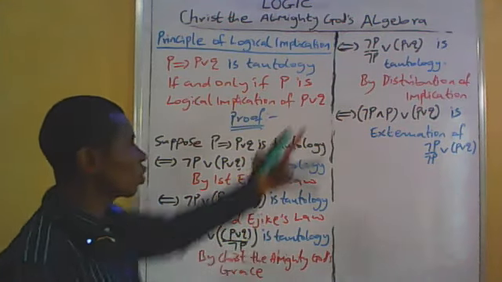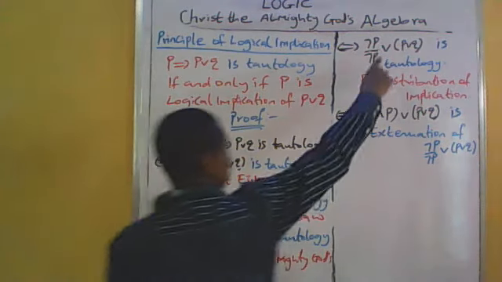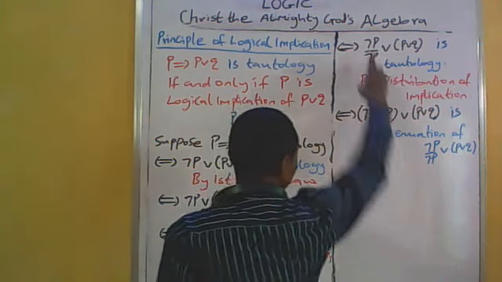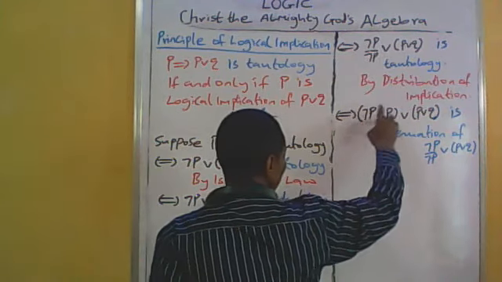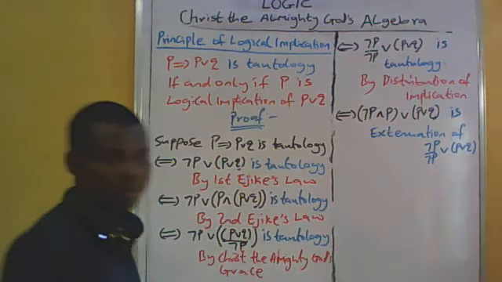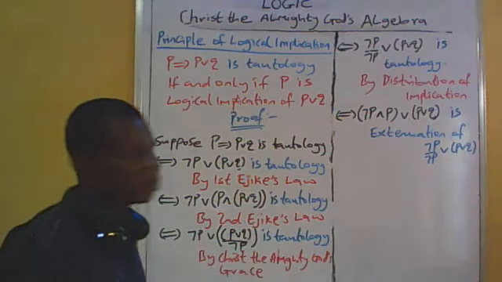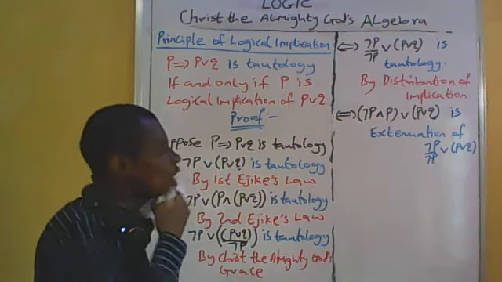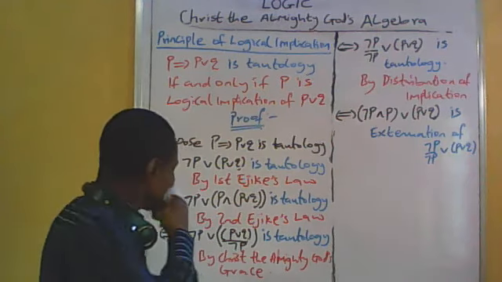It is through Christ Almighty God's grace that we transform this not P upon not P, that means this conditional statement, to this not P and P, that means the conjunctive statement. So it has been justified by Christ Almighty God's grace.